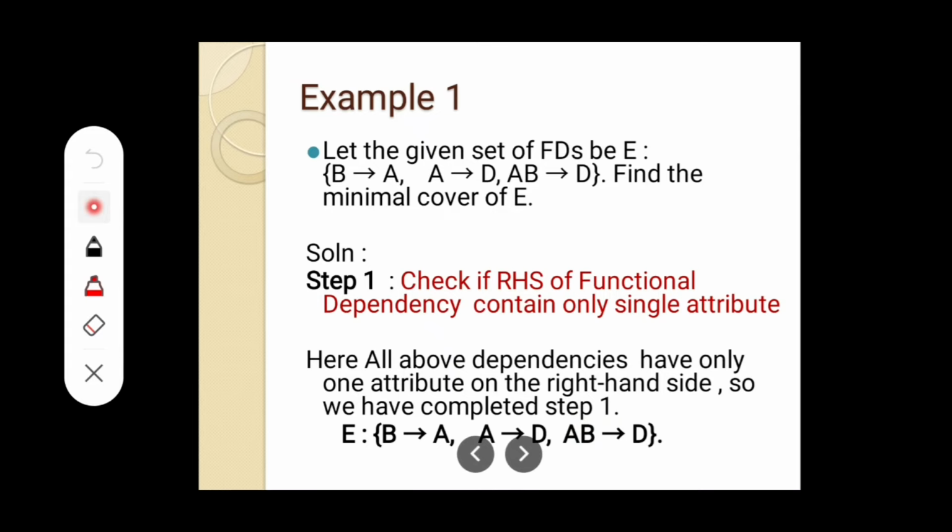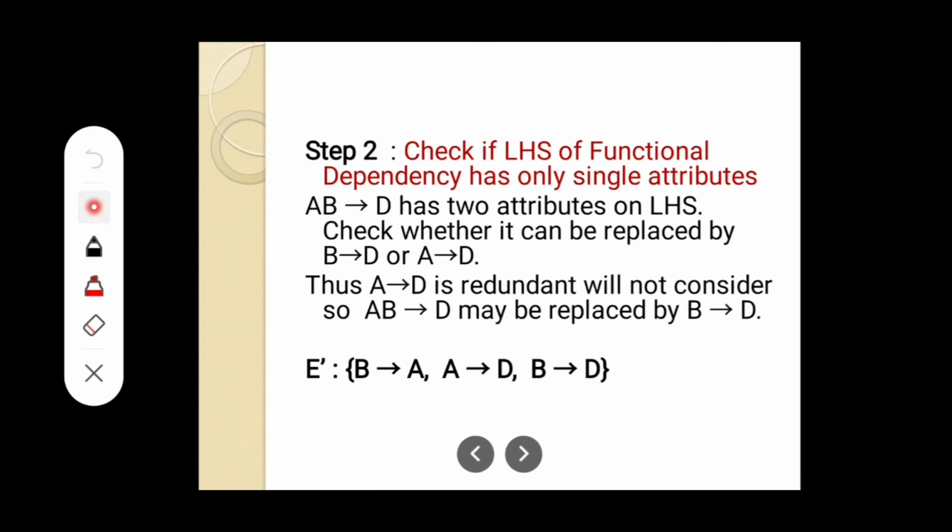What is step 2? Step 2 is, if there is any multiple attribute in the LHS. AB, this is the LHS, and it has multiple attributes. So we have to remove this one. How to remove? That is what we are going to explain here. Check if the LHS of the functional dependency has only a single attribute.